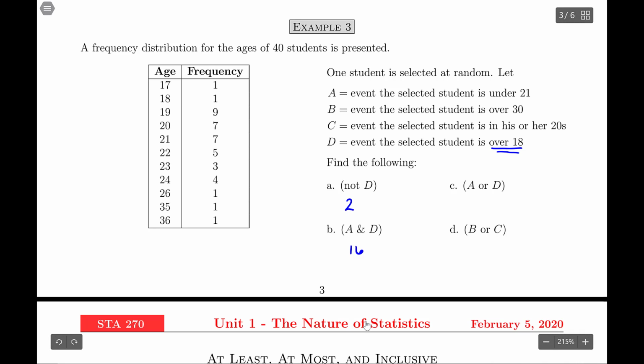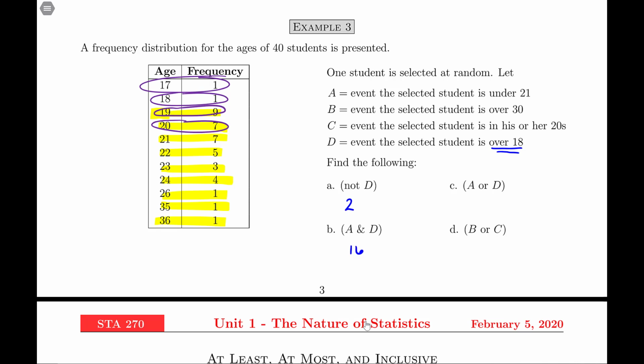So if we just focus on first the event that the student is over 18, that's going to include all of these students. The second part of this is that the student is under 21. So that would again include these students who are under 21. So what you notice is we've basically circled every student that could be possible in this group.